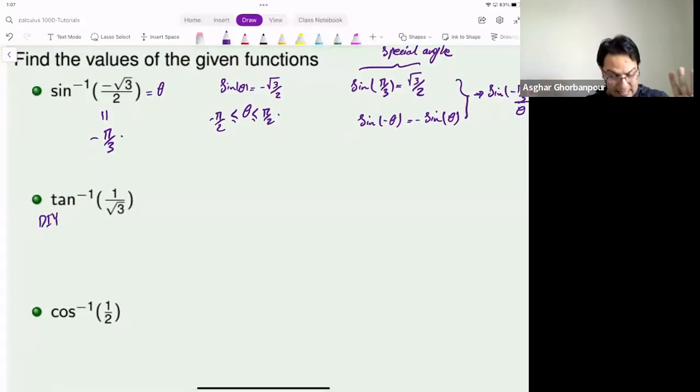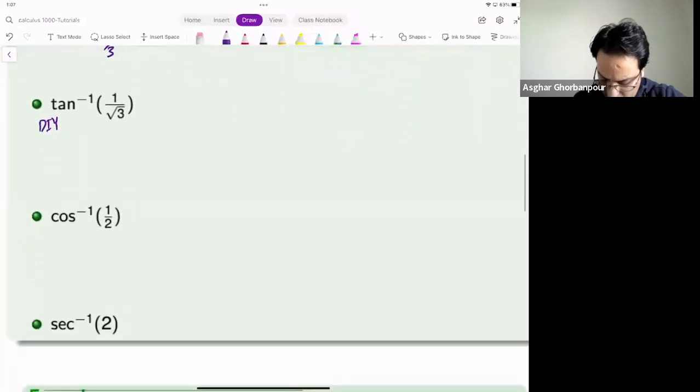These are almost the same story, so I will leave this one for you. Now, as I said, the important thing is that you need to know the one-to-one domain other than some special angle values. For example, let's do this other one, cosine inverse of 1 over 2. So if this is theta, this is an angle whose cosine is half, and we have to make sure that we understand the domain.